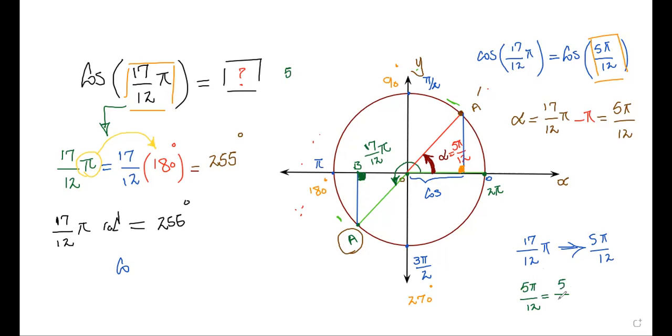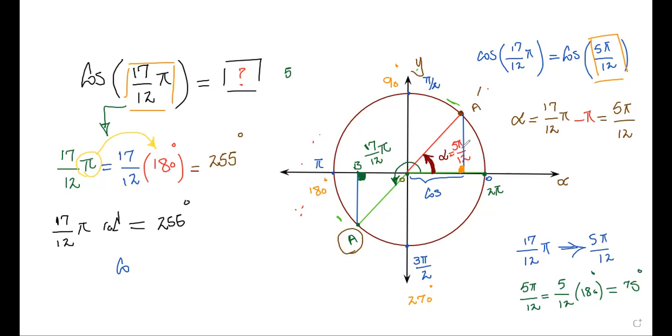You say it becomes 5 over 12 times 180. You get how much? Jackson, are you taking notes, please? 75. Fantastic. It becomes 75 now. Now, alpha here, 5 pi over 12 is 75.